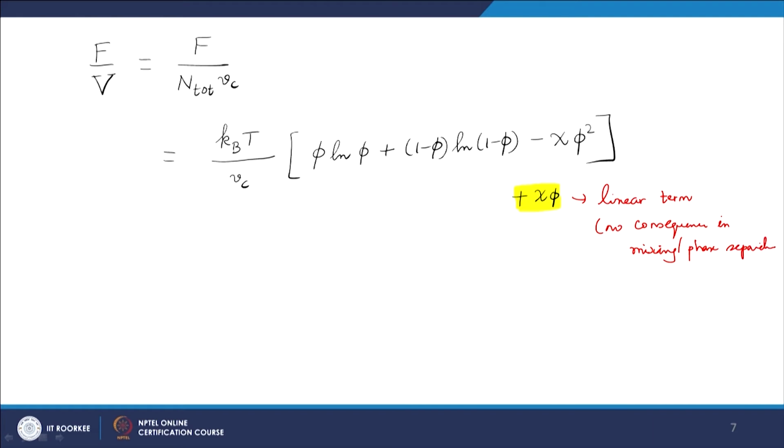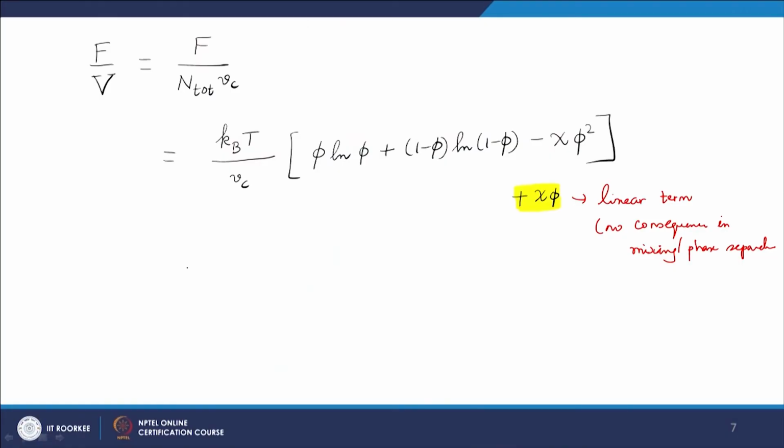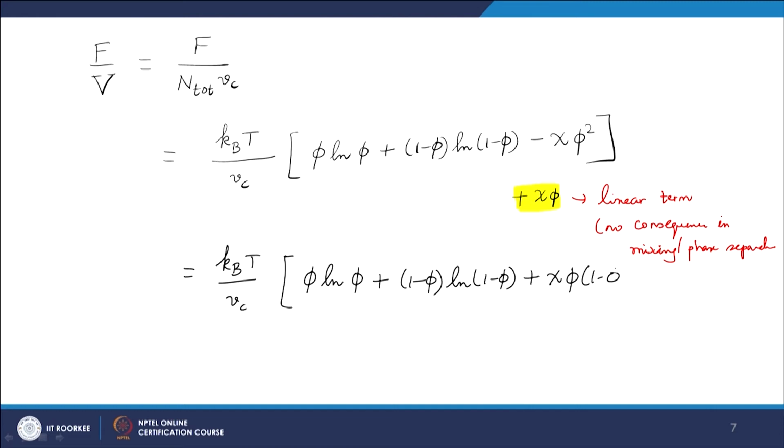The reason why we have added it, the first reason is that now the expression looks somewhat symmetric, so it is easier to remember, but more importantly you can see there that if I switch phi by 1 − phi, I do get the same result.